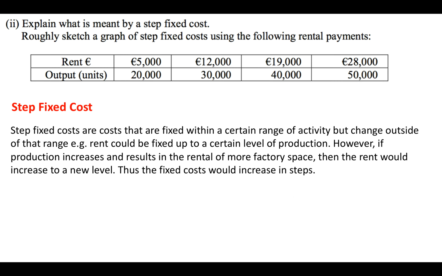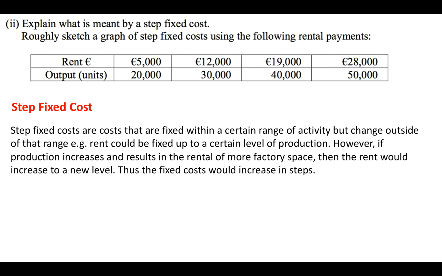Okay, number 2. Explain what is meant by a step fixed cost and roughly sketch a graph of a step fixed cost using the following rental payments. The rent: 5,000, 12,000, 19,000, 28,000, and the output in units: 20,000 units, 30,000 units, 40,000 units, and 50,000 units. Okay, explanation of a step fixed cost.